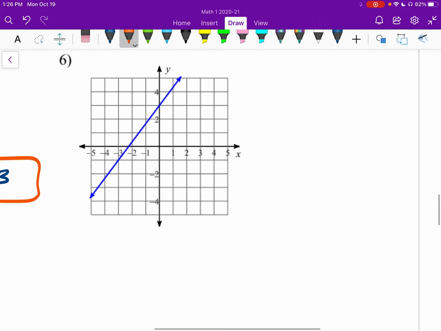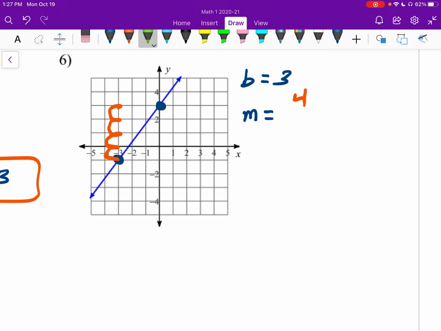Number 6. We'll start off with our y-intercept. There it is. I'm just going to go ahead and highlight another point. Where's another point that crosses? That one does. So I'll start off by saying, well, b, our y-intercept is 3 again. Now for our slope, well, this one, before we start counting, we need to say, well, our slope better be positive, right? Because our car is going up. So I'm going to count and go 1, 2, 3, 4. 4 on top. 1, 2, 3 on bottom.